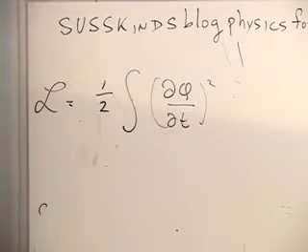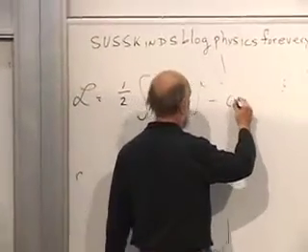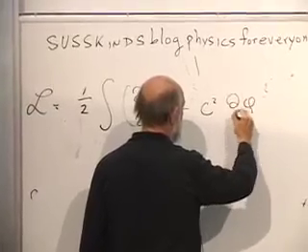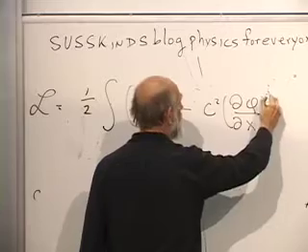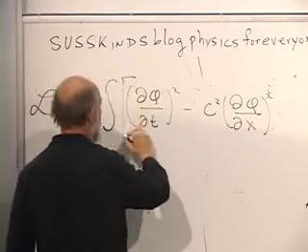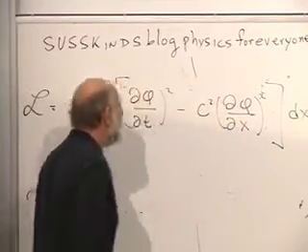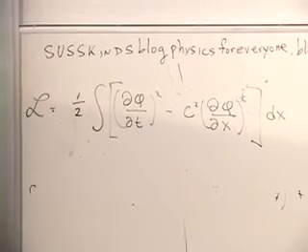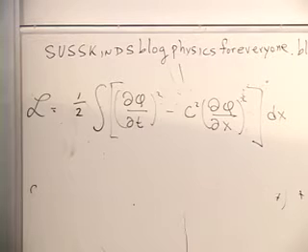That's the same as phi dot, d phi by dt squared, minus c squared d phi by dx squared, all times dx. That's the Lagrangian. Now notice the Lagrangian is an integral now. It's not a sum over terms. It's become an integral.